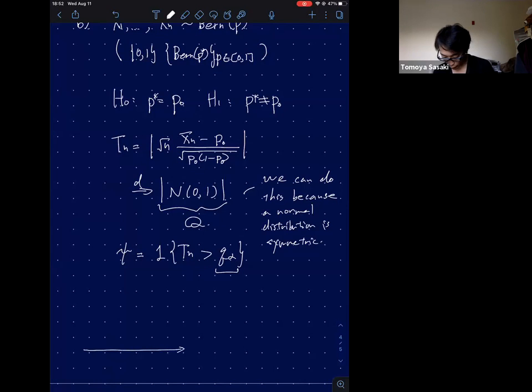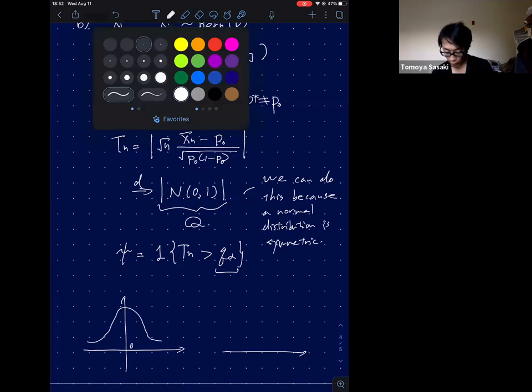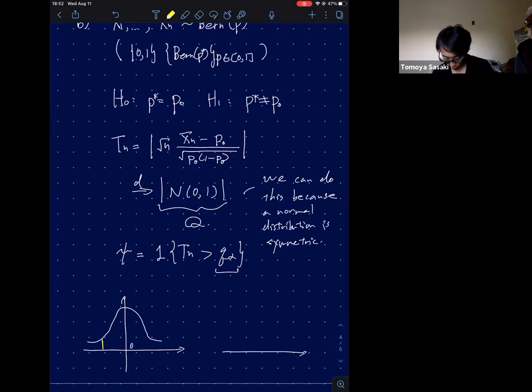If you want to see graphically what's going on here: usually in a two-sided test, you take q of alpha over 2 on both sides, and the two areas together make up alpha.